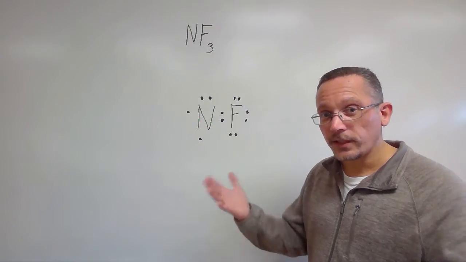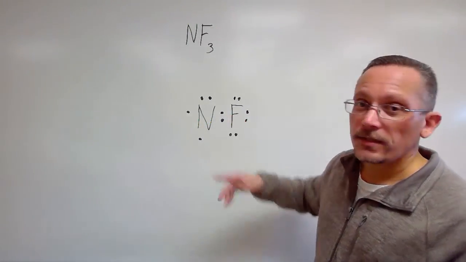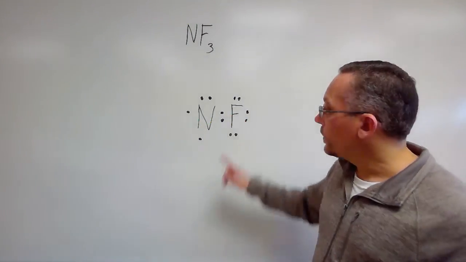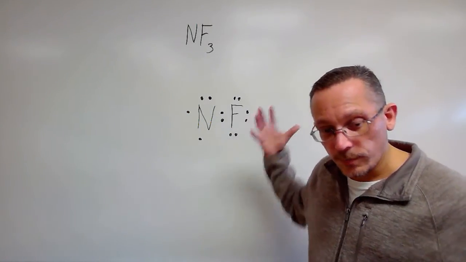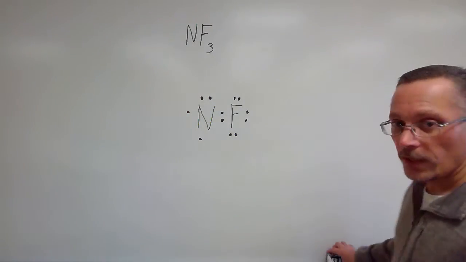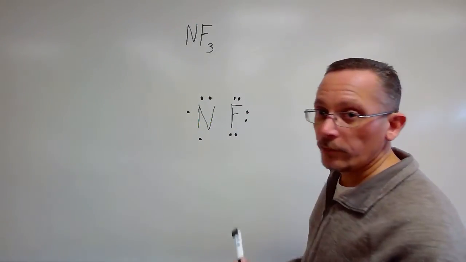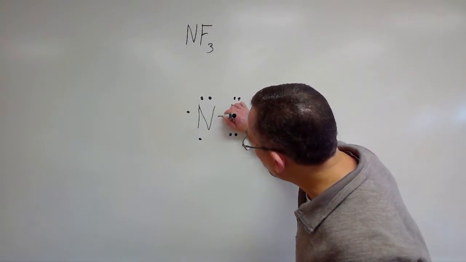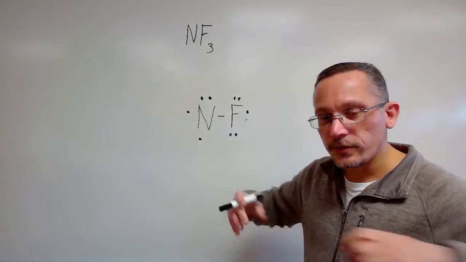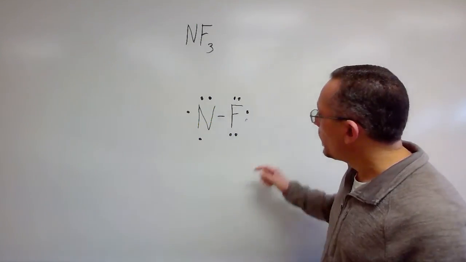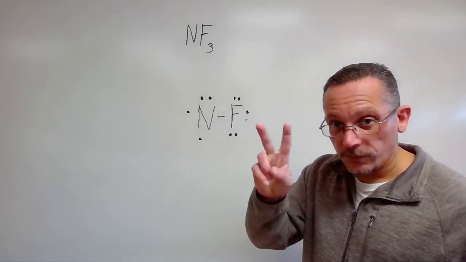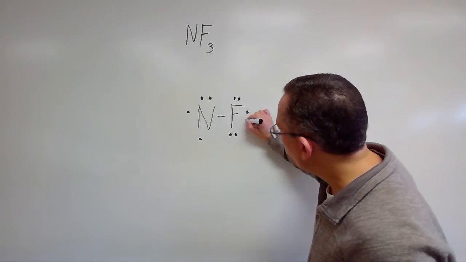It's a shared pair of electrons. This is a covalent bond. When we have the pair that's being shared, we'll take those 2 dots away and replace them with a line. That line indicates there's a bond here. So that line stands for 2 electrons being shared.